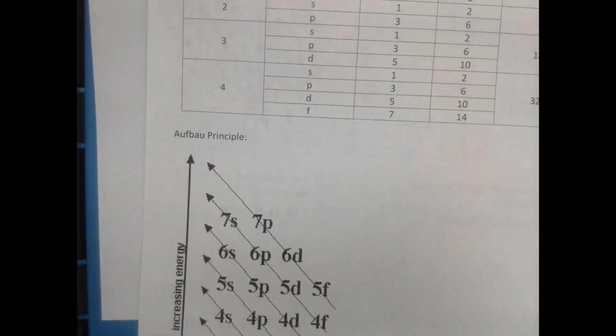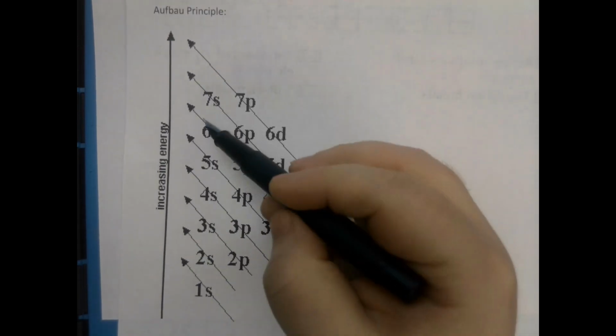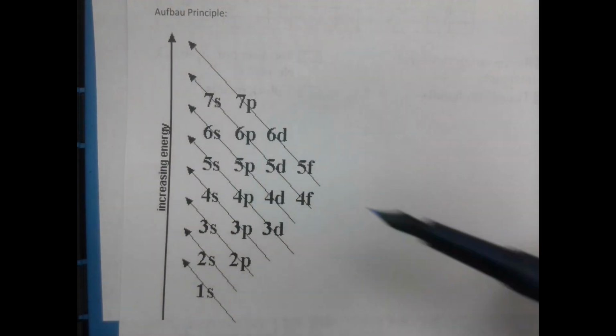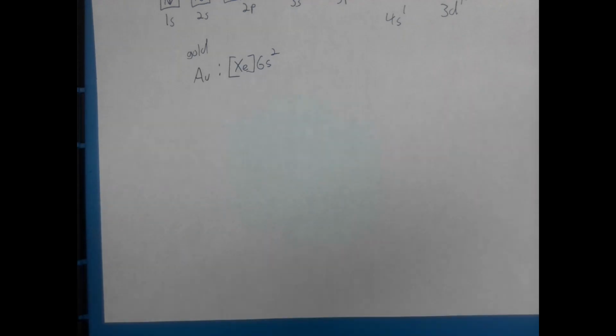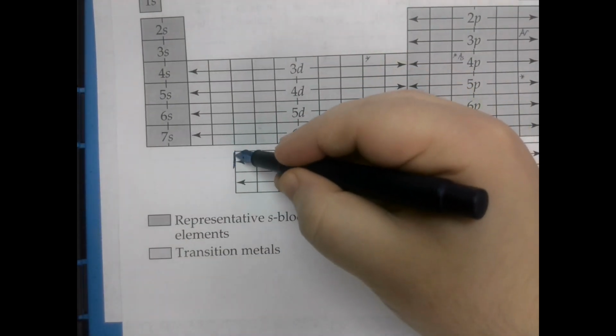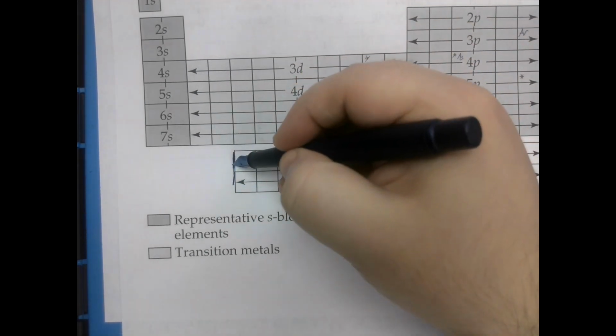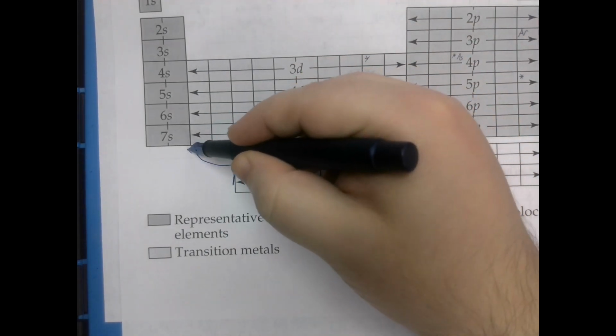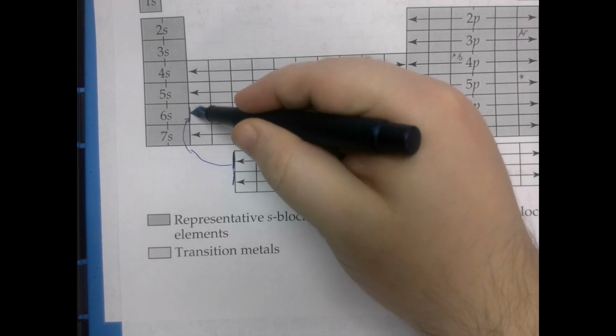but after 6s2, what comes next? 4f. Note that these right here are squeezed into this spot right here.